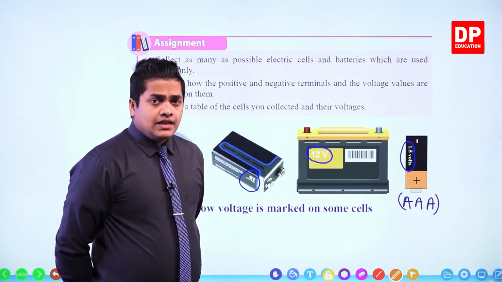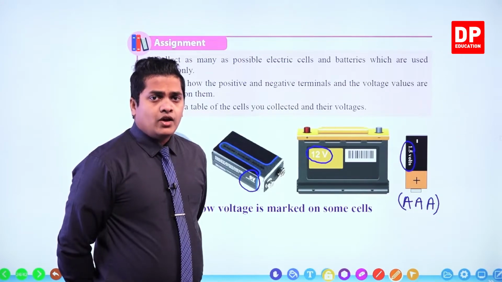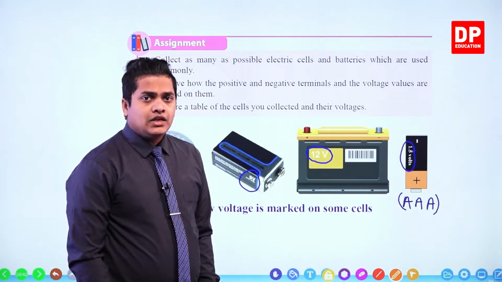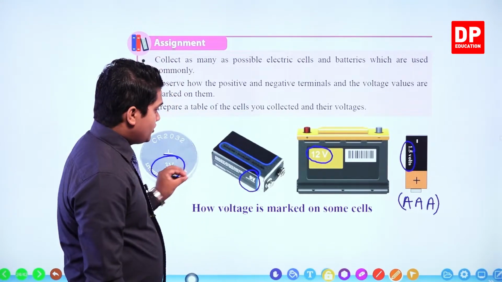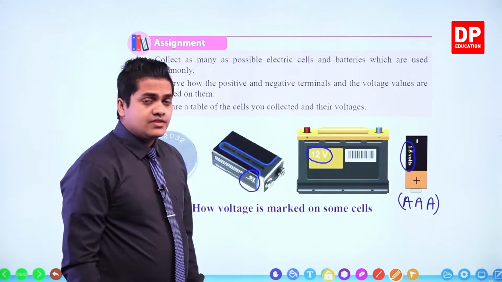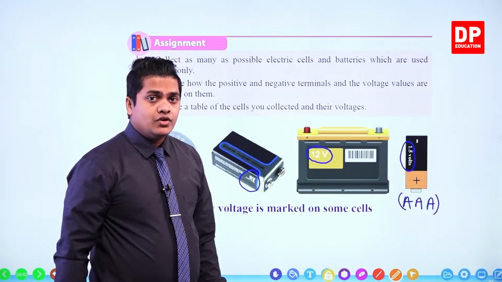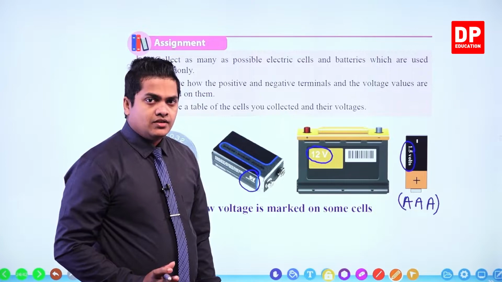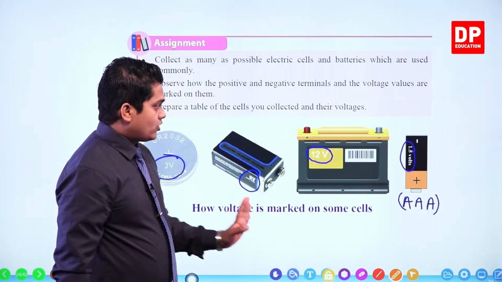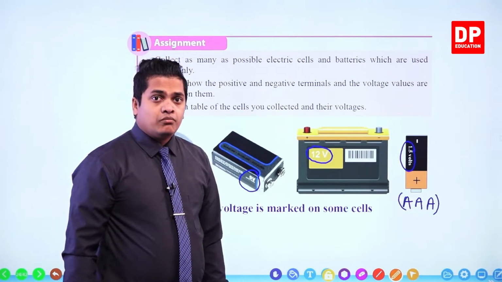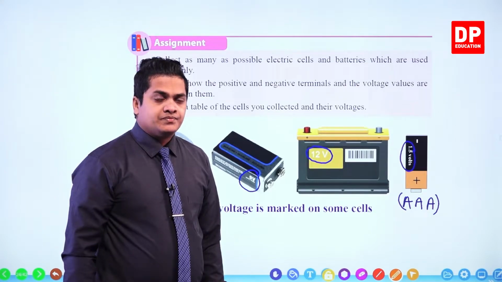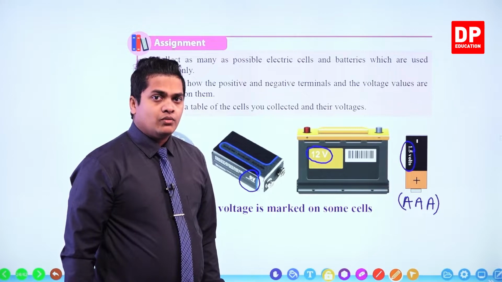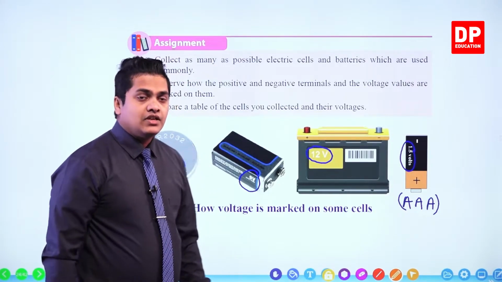Then collect these cells, find out their voltages and tabulate them, right? I have also mentioned several voltages here. The potential difference changes from cell to cell. So in different types of cells, we can observe different potential differences, right? Let's move on to the next slide to observe the other contents in our lesson.